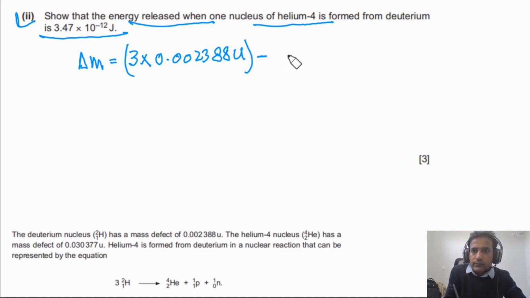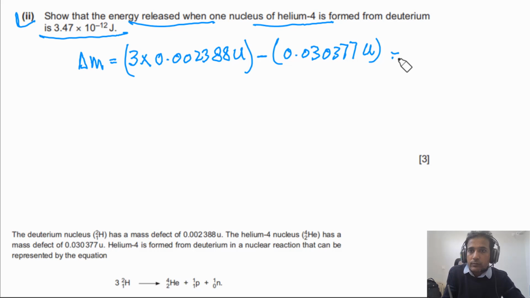And for the helium we have the mass defect that was given in the last part, 0.03037 U. If we solve this, we will get 0.0232113 U. So we got the negative.